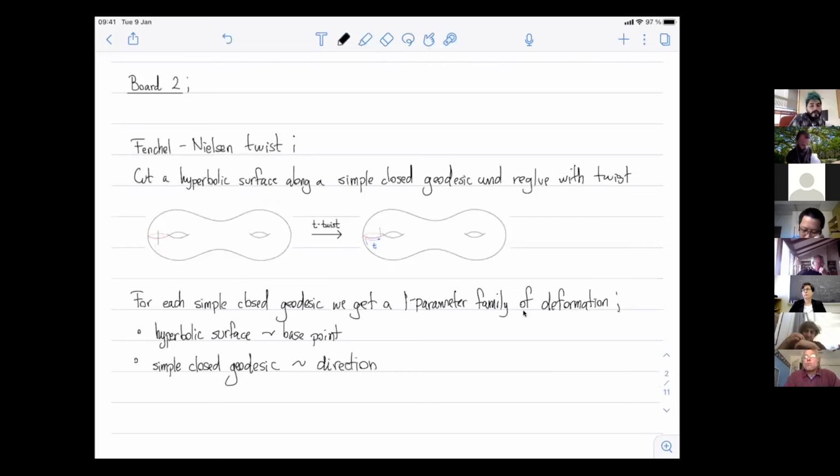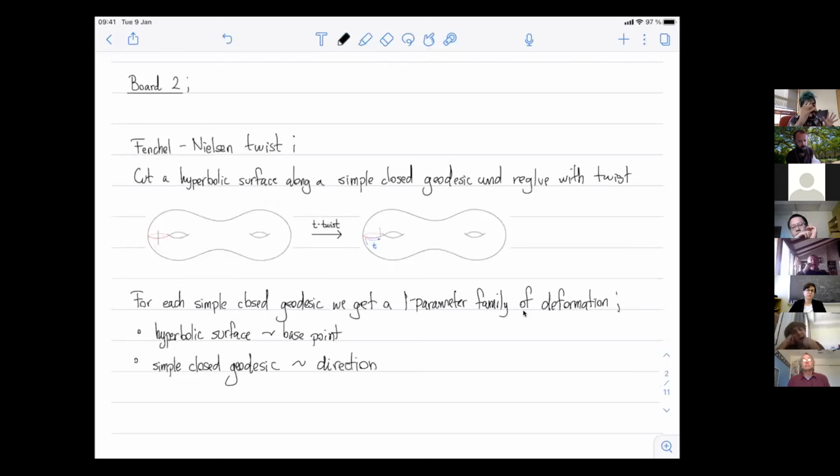The point is that Fenchel-Nielsen twists are nice, and you can also define them for geodesics with several components. You can also weight the components, and that's going to change the speed at which you twist. You can generalize them a bit more, and we'll say more about that later. But even with that more general situation, the problem is that we don't seem to have the structure of a bundle.